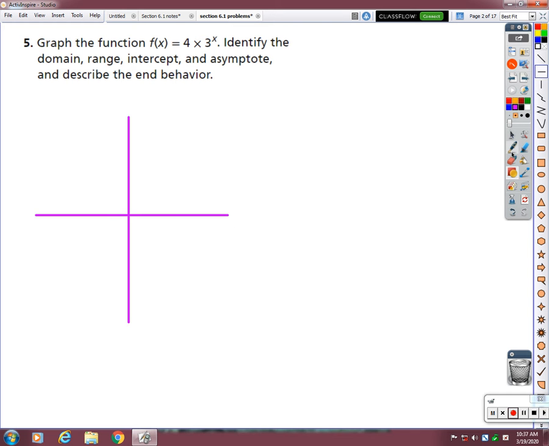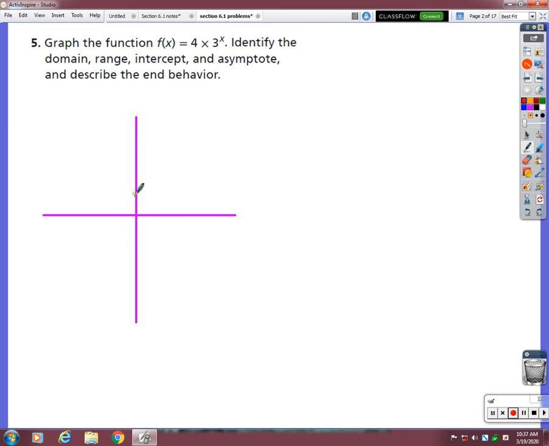Okay, so we know from our previous discussion that this number right here is going to tell me the y-intercept, so that's going to be up here at 4. And then this number here is what I am multiplying by each time, so this one's growing quick. 4 times 3 is 12, so I'd be way up here at 12, and then the next one would be totally off the charts.